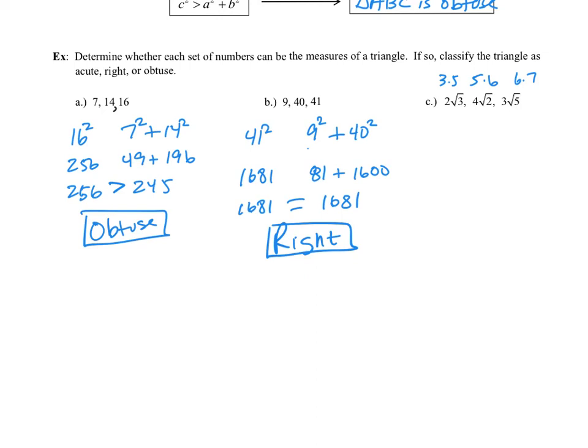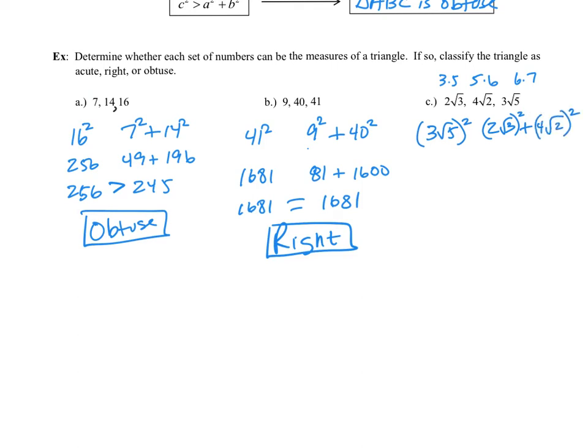So I'm going to take the biggest of the three measures, which would be 3 times the square root of 5, and I'm going to square that and compare that to the sum of the squares of the other two sides. So that would be 2 times the square root of 3 squared and 4 times the square root of 2 squared.